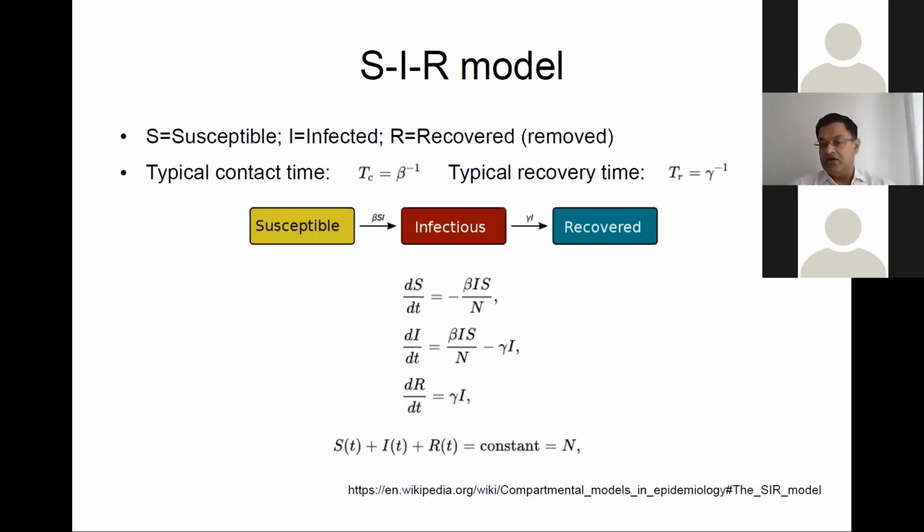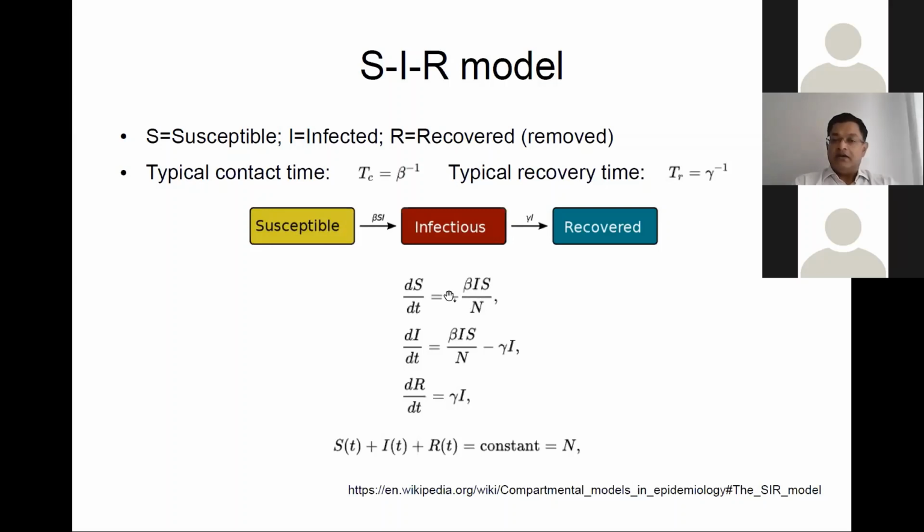So let's quickly go over this. Now S here actually stands for the number of people, not the fraction of people. You can write all of these equations as fractional quantities by taking, say, small s equal to big S divided by N, which is the fraction of susceptible individuals divided by the total population size N, right?